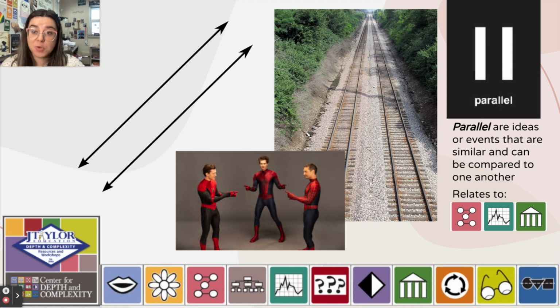You can show examples of parallel lines, like parallel lines in a graph in math. We can find parallel lines all around our daily life, like the train tracks or lines on a football field. There's also so many stories out there about parallel universes, like in the Marvel universe, like Spider-Man, one of the last Spider-Man movies, how we had all of these parallel variants show up in the same timeline.